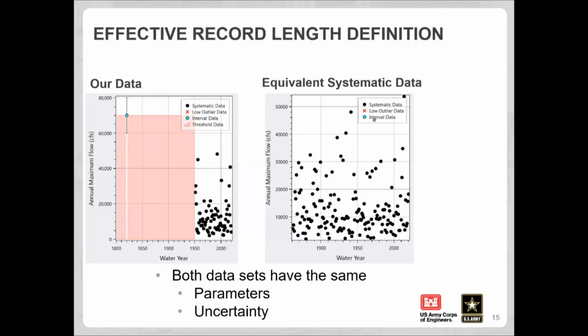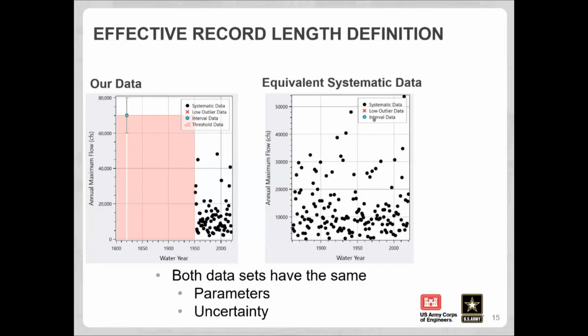We want to find out, or we want to identify an equivalent, at least conceptually, an equivalent set of data that is all systematic, that has some record length, that gives us the same parameter estimates, right? So the same mean, standard deviation, and skew for LP3, and the same uncertainty, right? So the same confidence intervals, if you will. That number of equivalent data is what we call the effective record length.